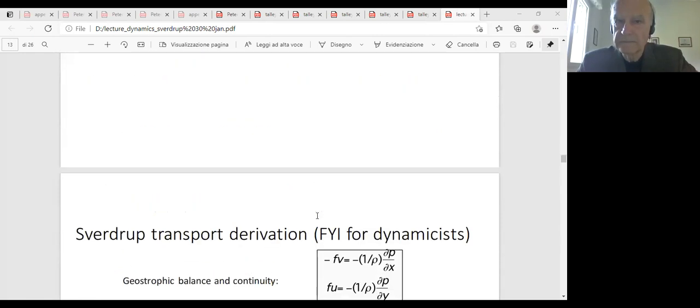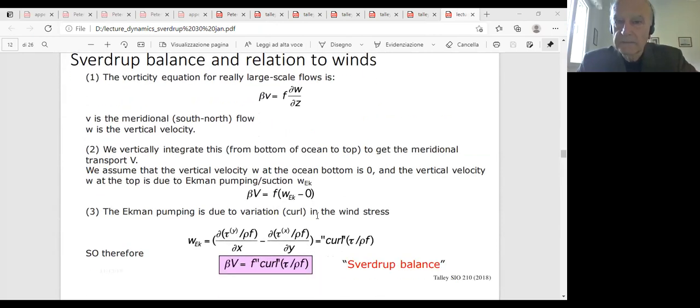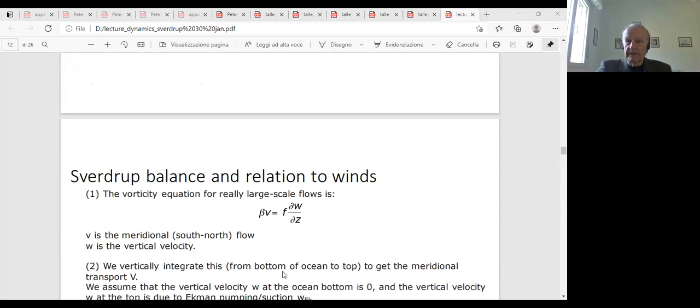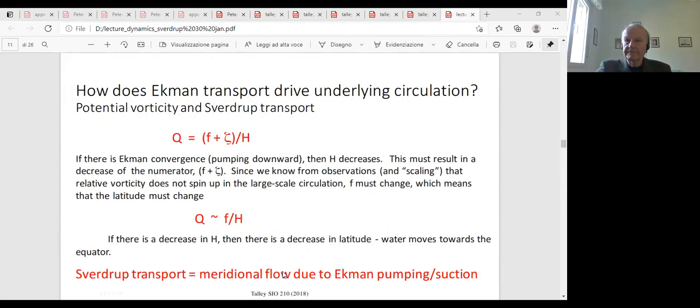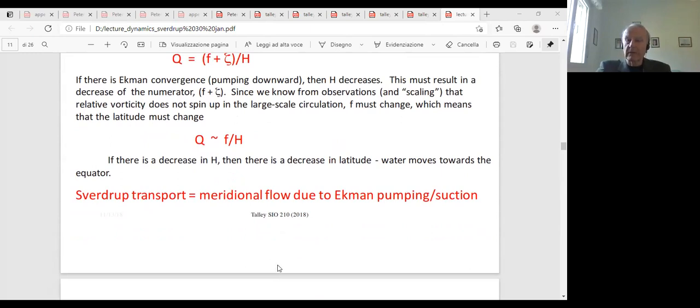So this balance, which we have just discussed a little bit, is called the Sverdrup Transport.